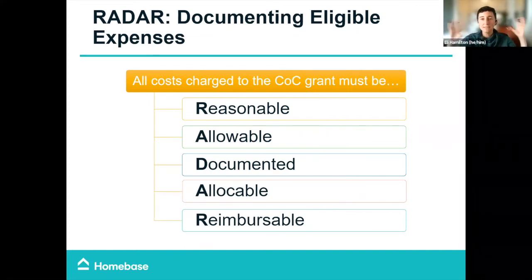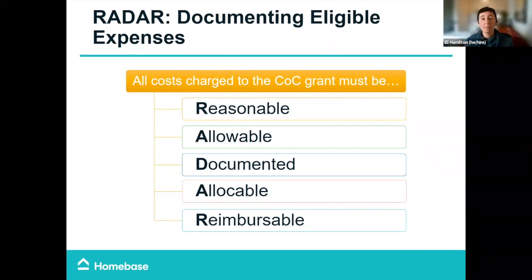So all CoC costs that you bill HUD for have to be reasonable, meaning that they are directly related to the grant and they're necessary for completing the grant, right? So if I'm providing rapid rehousing, then probably the cost of taking all of the clients to Disneyland is not reasonable for that grant because it's not necessary to providing rapid rehousing. It's not directly related.